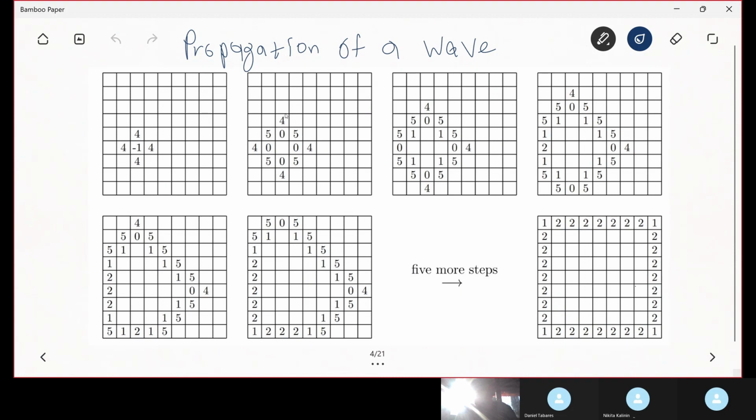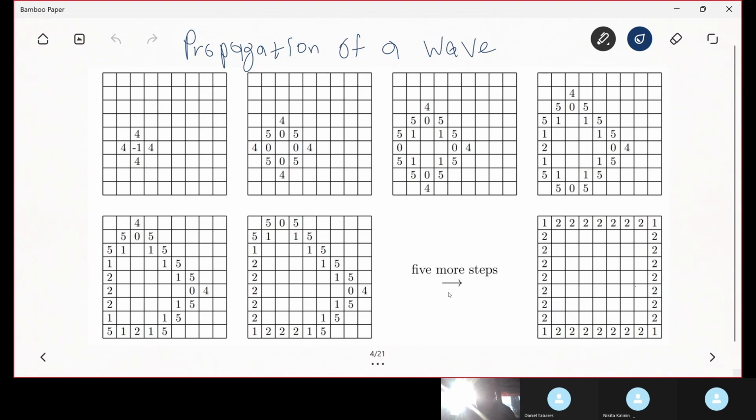So when you pass to the right, you do 4 topplings, then you do 8 topplings, and so on. So you do quite some number of steps, but here the pattern is clear. If you look at these pictures, you see that the result is going to be ones in the corners of the square and twos along the boundary of the square. And that's the result of applying a single wave.